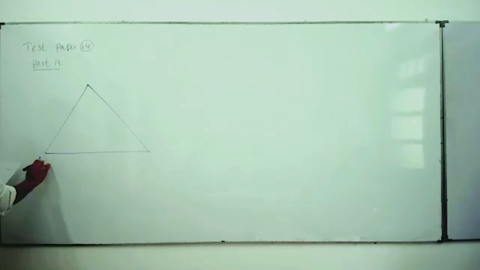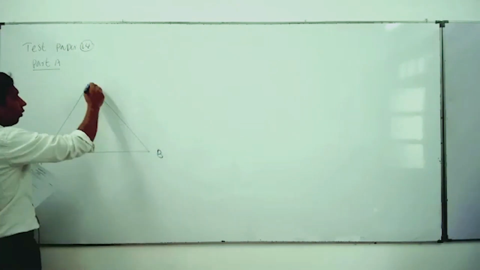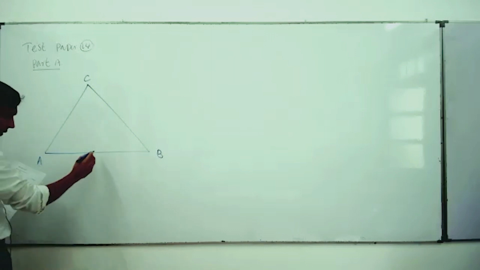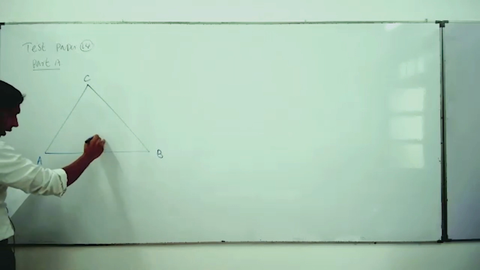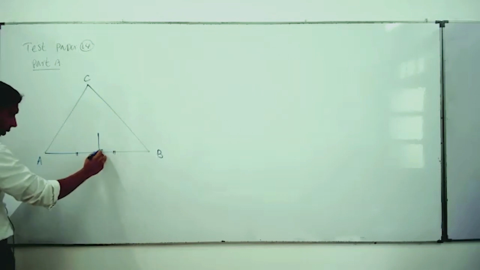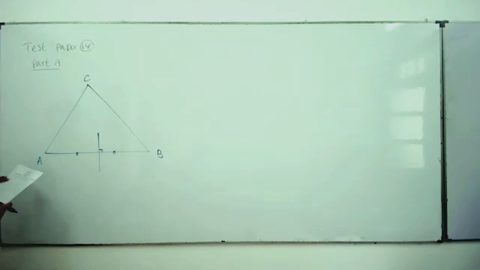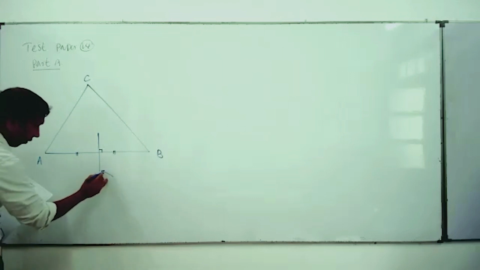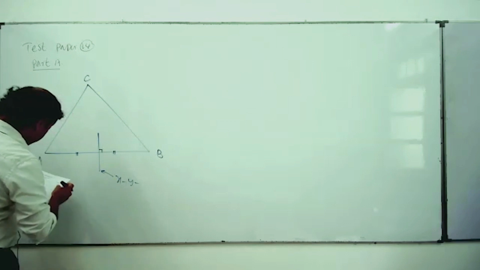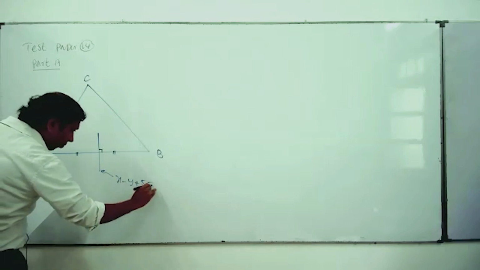Suppose this is our triangle ABC. The equation of the perpendicular bisector of AB: a perpendicular bisector means the line that passes through the midpoint of the side, perpendicular to it. This is the perpendicular bisector of AB, it's here, minus x plus y plus 5 equals 0.